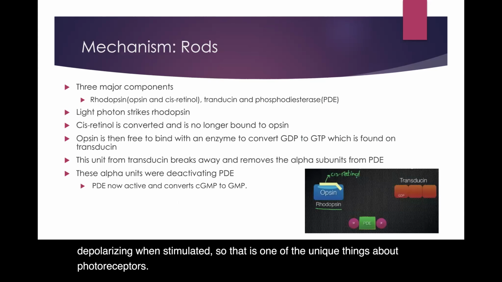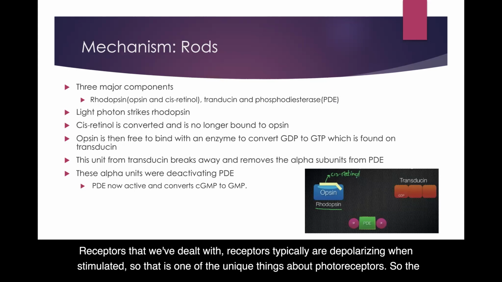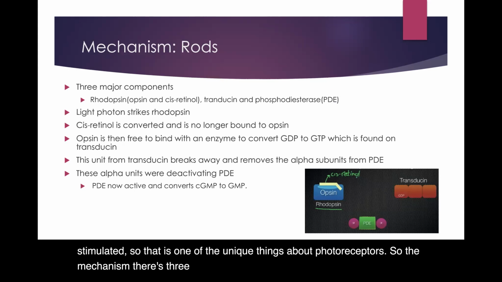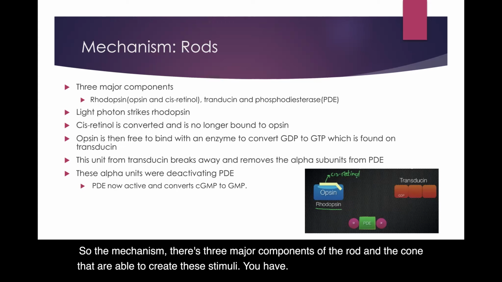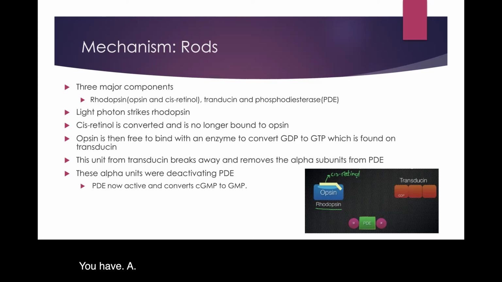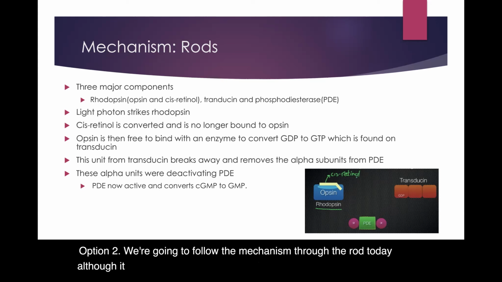So the mechanism, there are three major components of the rod and the cone that are able to create these stimuli. We're going to follow the mechanism through the rod today, although it is the same for both.